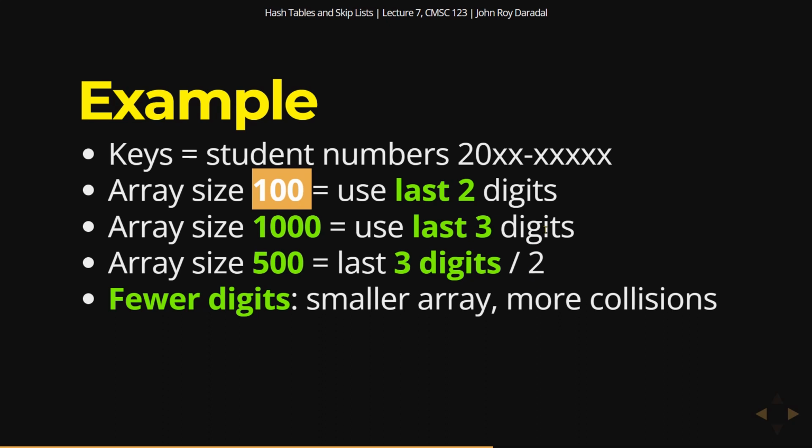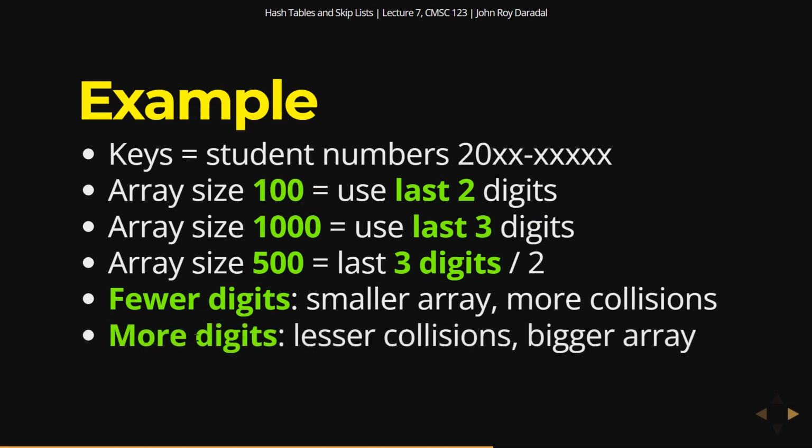Now if you use more digits, there's a lesser chance of collision because it's now from 000 to 999, so you have 1000 possibilities, whereas here there's only 100 possibilities, right? But then you will need a bigger array because this one has a size of 1000. Okay, so that's the time memory trade-off.